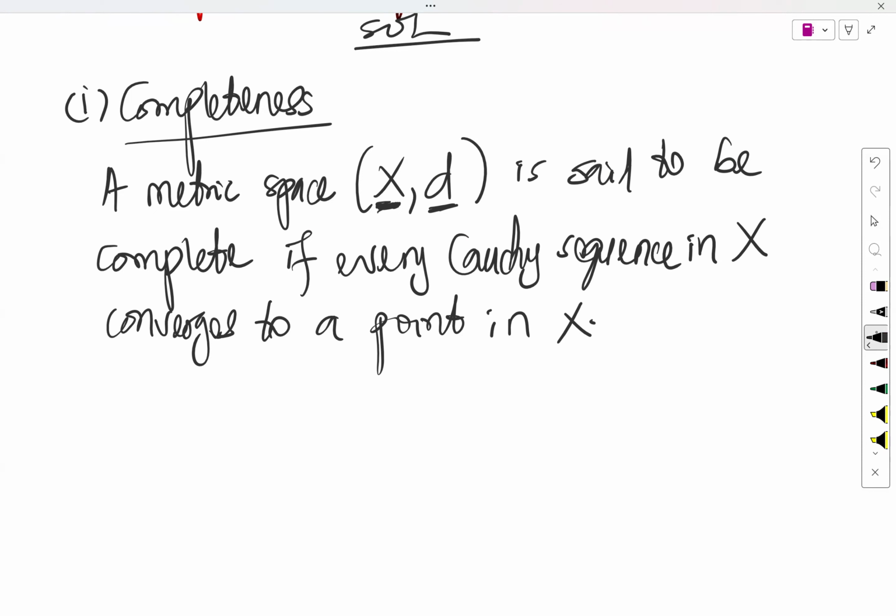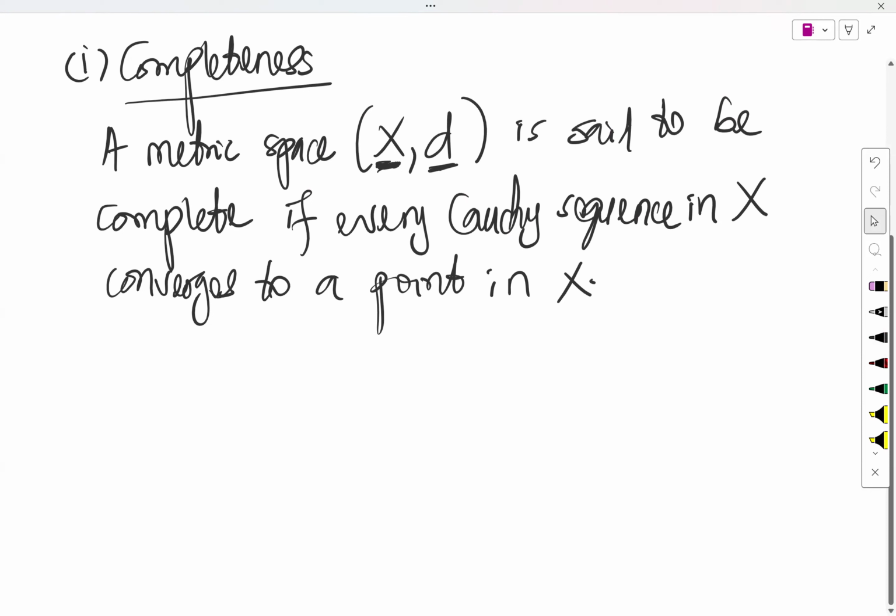Of course, I know you're already wondering what a Cauchy sequence is most likely. So let's talk about that.